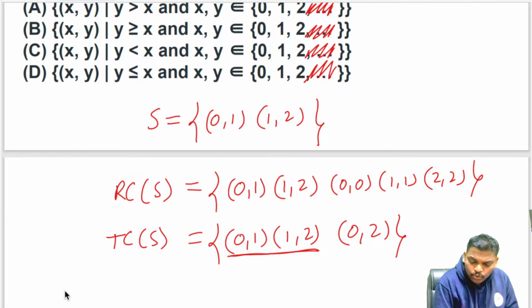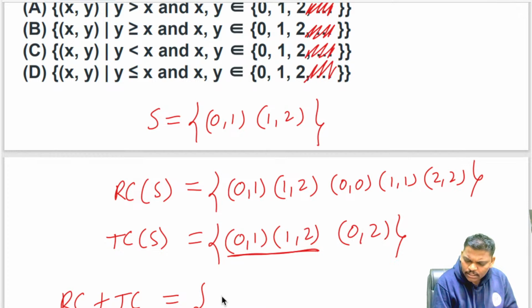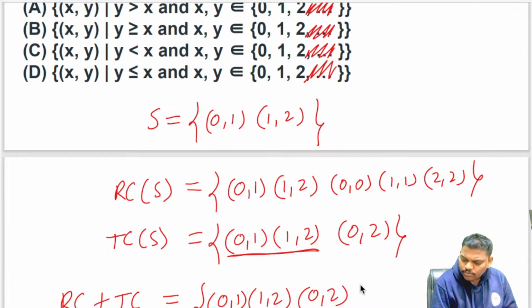Now it is asking for both the reflexive closure plus the transitive closure of S, so all you have to write is 0 1, 1 2. To make it transitive, 0 2 is required. For the reflexive closure, 0 0 required, 1 1 required, 2 2 required.